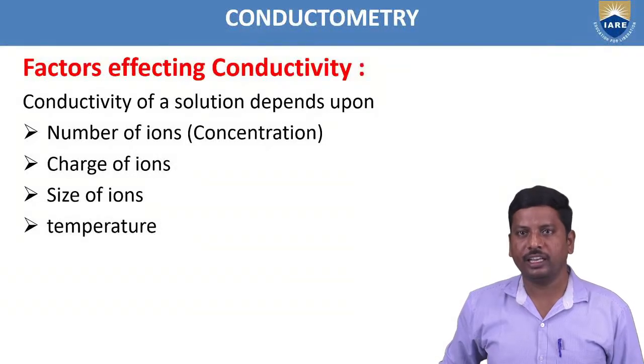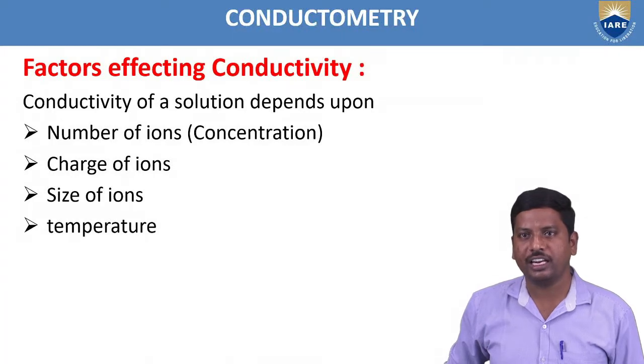Now let us see the factors affecting the conductivity. Generally the conductivity is due to the ionic species, so it depends upon various parameters of the ions. The conductivity may be either directly or inversely proportional to these.